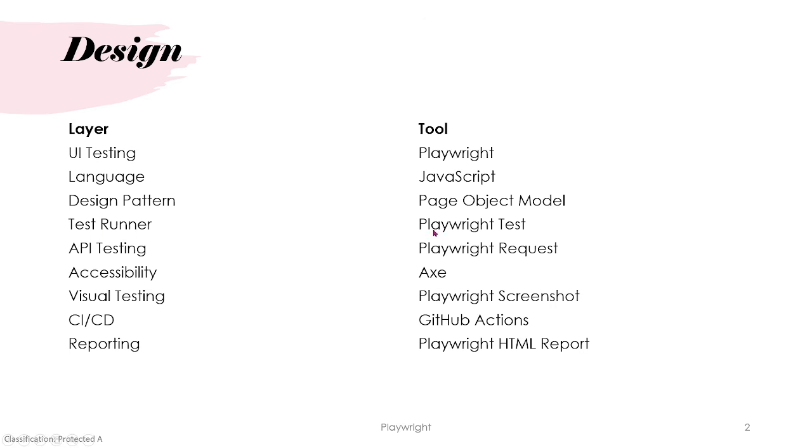Test runner, Playwright Test. API testing, Playwright Request. Accessibility, Axe. Visual testing, Playwright screenshot. CI/CD, GitHub Actions. Reporting, Playwright HTML report.